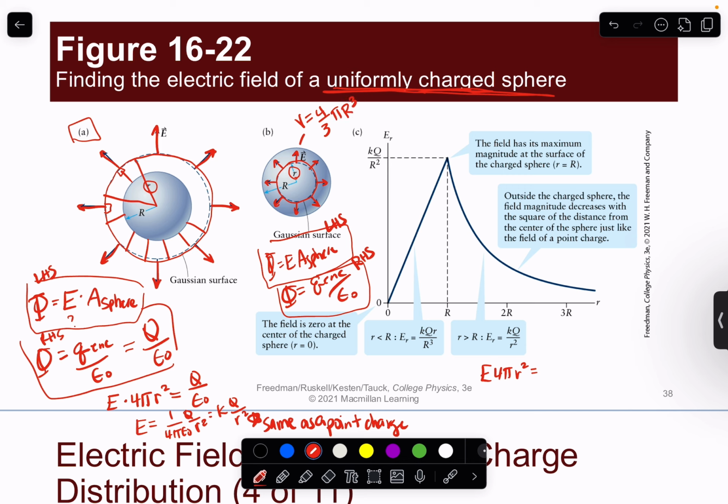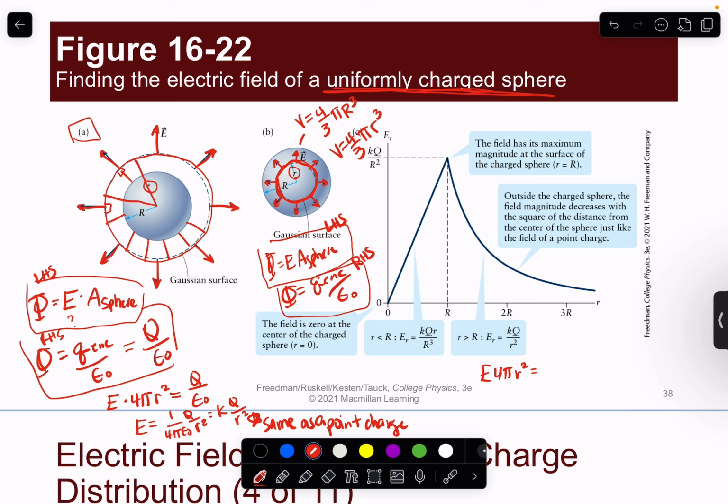That's the total volume of the sphere because we're using big R to denote the radius of the whole sphere. How much volume is enclosed in my Gaussian surface? Well, that is 4/3 pi little r cubed. That's how much is in my surface.